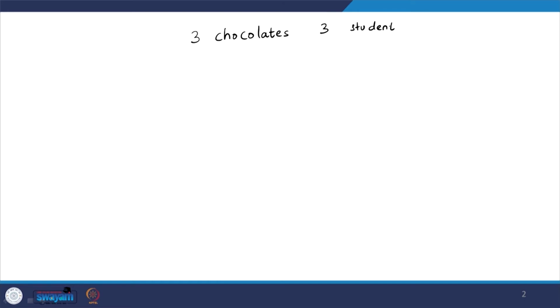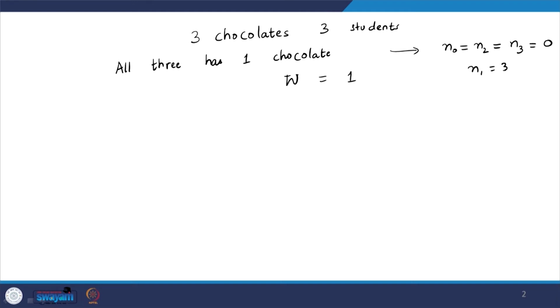Now, your intuition may say that if all 3 have 1 chocolate, that should be like most favored, but let us count how many ways that corresponds to, and you see that the number of ways of doing that is actually simply 1, because in that case you will have n naught is equal to n2 is equal to n3 is equal to 0 and n1 is equal to 3. So, W will be equal to 3 factorial by 3 factorial, that is equal to 1.